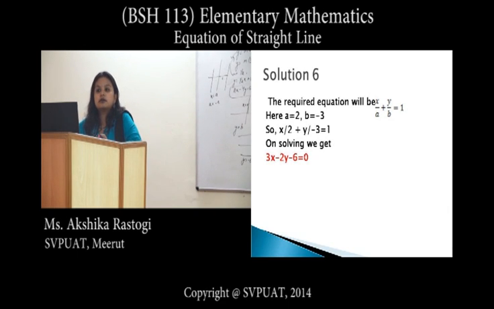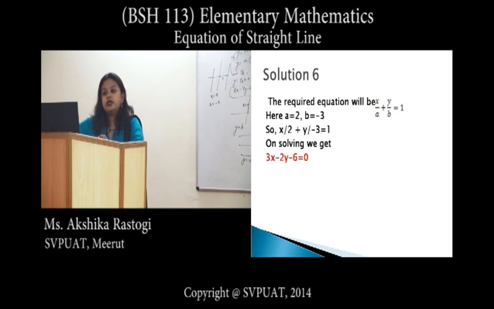Only by putting the values in the standard equation you can get the required equation. But there are many conditions and many formulae. You have to go through all the formulae one by one, checking the condition and checking what is asked in the question, then you will go for the formula.